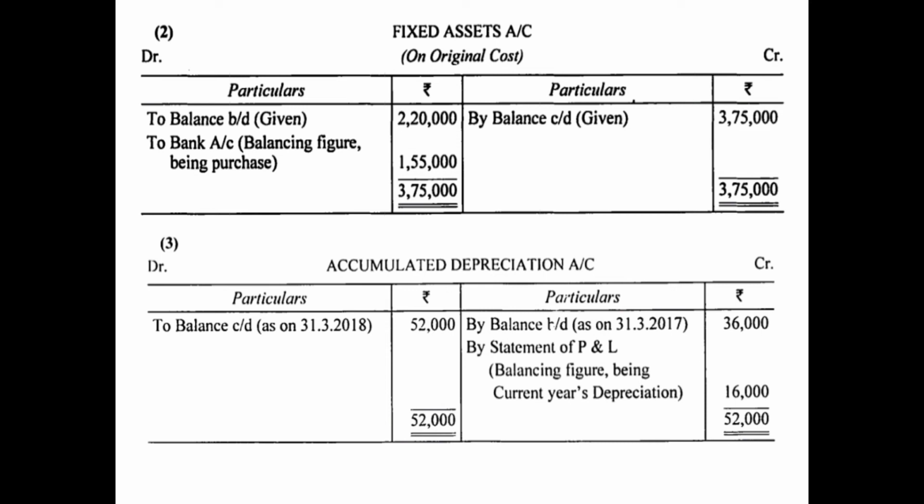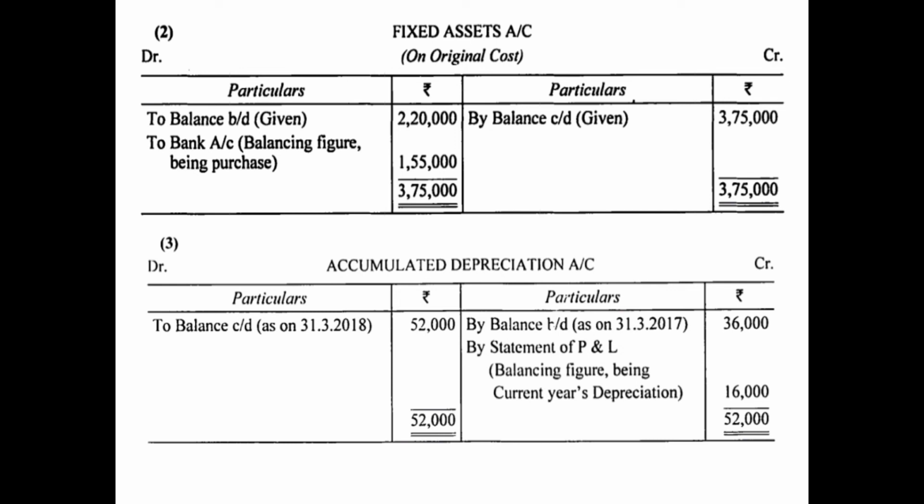We cannot write 'by profit and loss account'; we have to write 'by statement of P&L', balancing figure being current year's depreciation 16,000. This 16,000 of current year depreciation will be added back to the net profit before tax while adjusting the non-cash and non-operating items. So this is the working note regarding the fixed asset and accumulated depreciation.